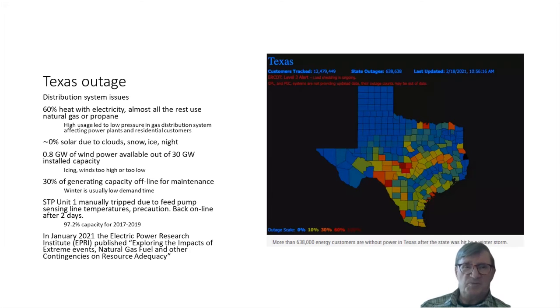The South Texas Project Unit 1, which is down by Houston, was tripped due to a sensor line low temperature. They tripped the reactor as a precaution, and it came back online after a couple of days. Before that, for the previous 2 years, it was running at 97.2% of its capacity.